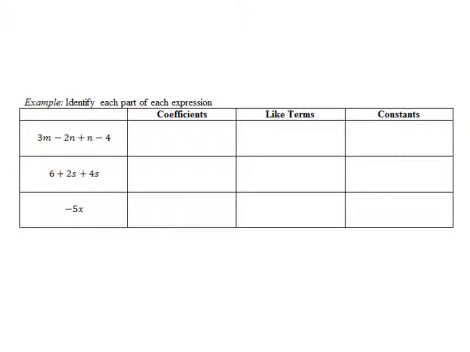So let's look at more expressions. The coefficients in this expression are a 3, a -2, and actually there's a 1 right here. So if it's just x, the coefficient is 1 because x is the same thing as 1 times x.